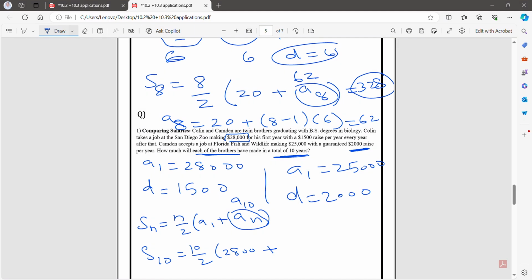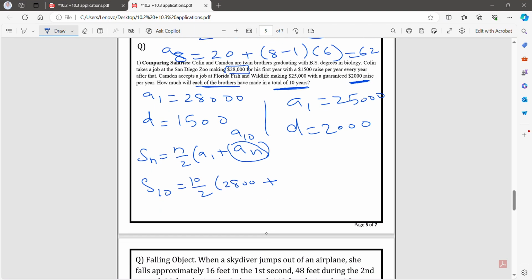So we need to find A10. What will be A10? It will be the term formula: A1, which is 28,000, plus n minus 1, so 10 minus 1, into D. What is D? 1500.